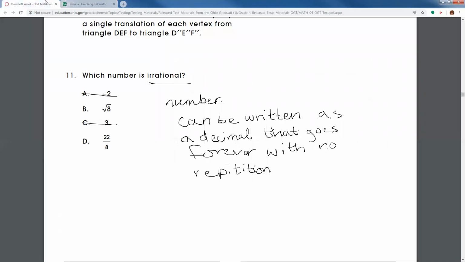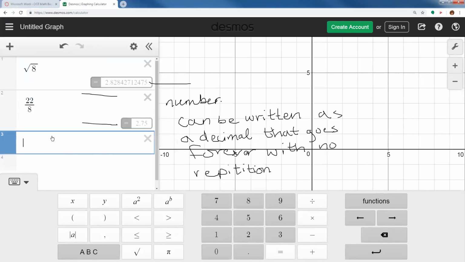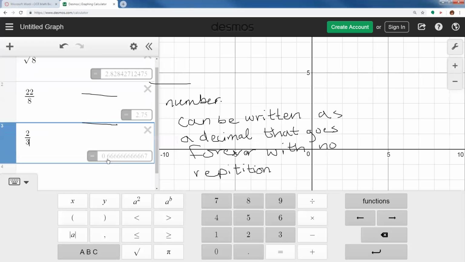Let's see, the other one was 22 over 8. And this one definitely just stops. If it's a short decimal, it stops. If it takes pretty much the whole space, it probably keeps going. You could also have a decimal like this. This one repeats.